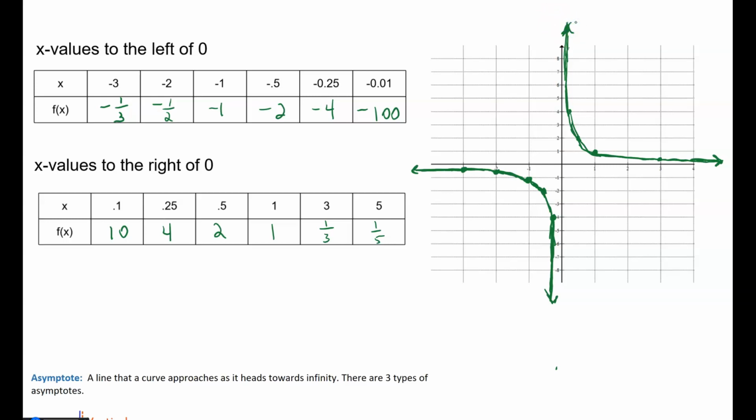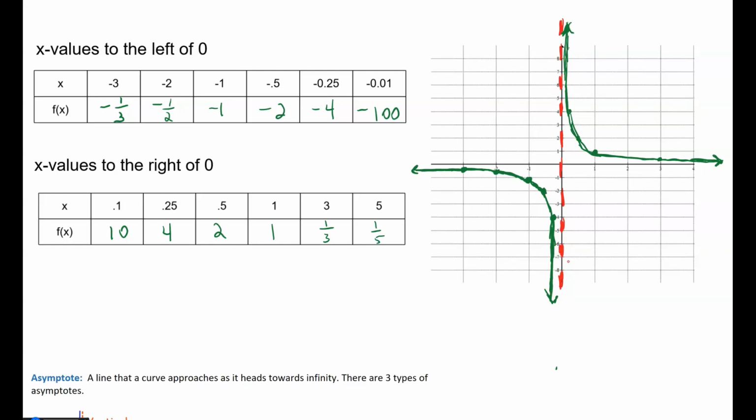So again, we have already talked about the fact that x can't be 0. So since x can't be 0, what I'm going to do is put a dashed line along x equals 0. And so what we are creating here is a vertical asymptote. All right, so we have a vertical asymptote at x equals 0.